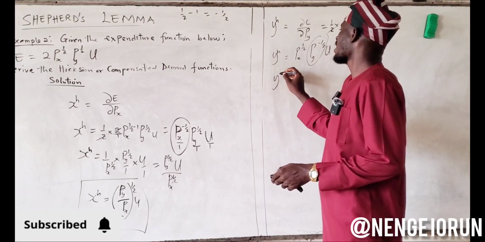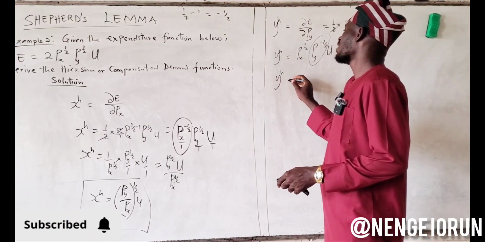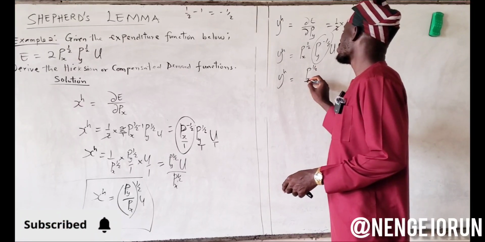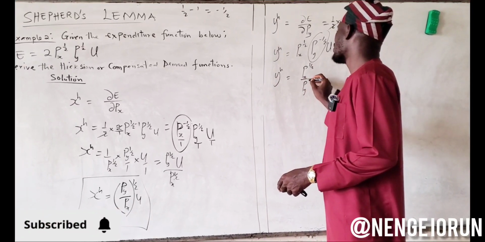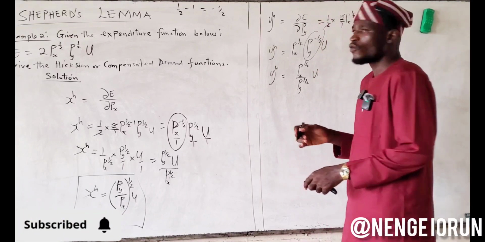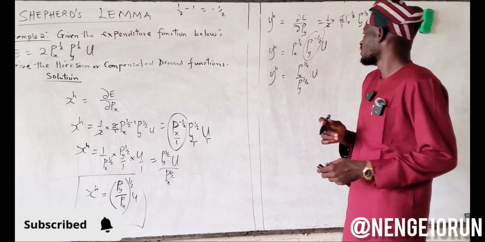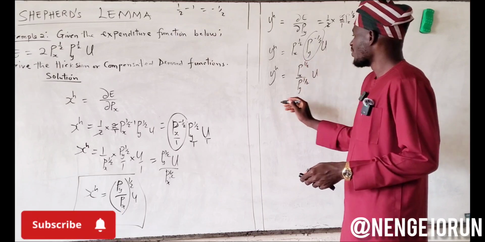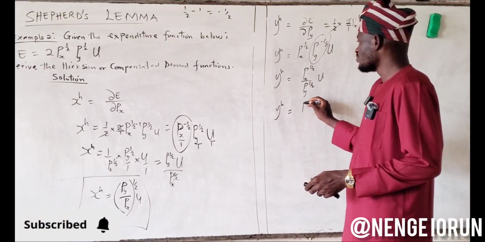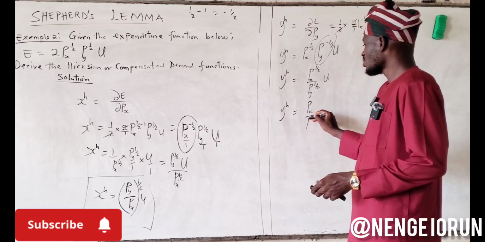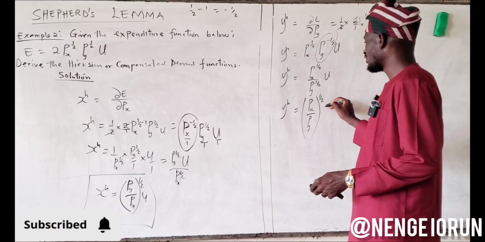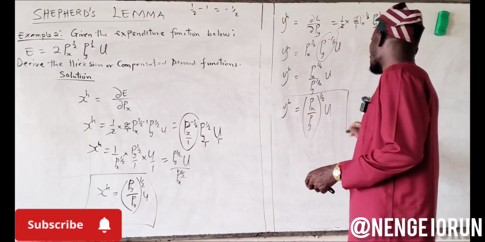Now you have Y raised to the power of H is equal to Px raised to the power of half over Py raised to the power of half, then u. Now for clarity, this can be written as the Hicksian demand function for commodity Y is equal to Px over Py all raised to half, then the utility function.